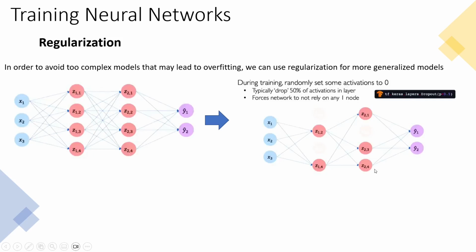Usually we drop 50% of the layers so that our network doesn't memorize anything. And this is done by using dropouts. Okay, that says just drop 50% of the neurons in each layer.